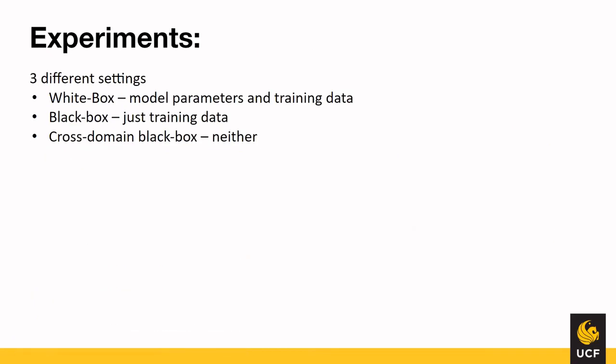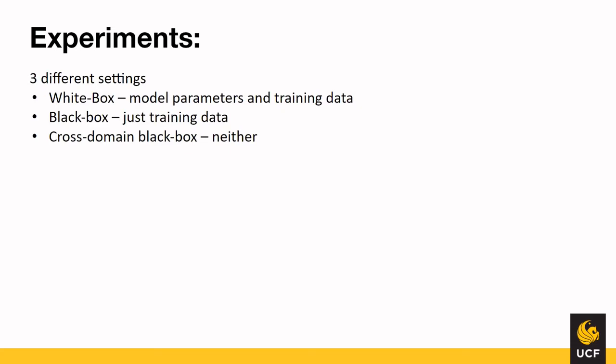So they perform experiments in 3 different settings. The easiest setting is one that we're familiar with, which is a white box setting, where we have access to both the model parameters as well as the training data this model was trained on for evaluation. Then a more difficult scenario is when we do not have access to the model weights themselves, which we're going to use for evaluation, but we do have access to the training data set itself during evaluation.